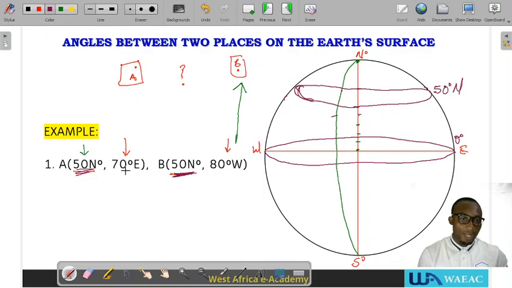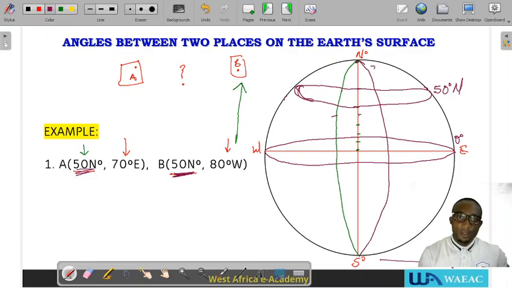So now let's consider the 70 degree east. The reference point is 0, so we move towards east. This is east, so we have a measure of 70 degree towards east. Let me use green.